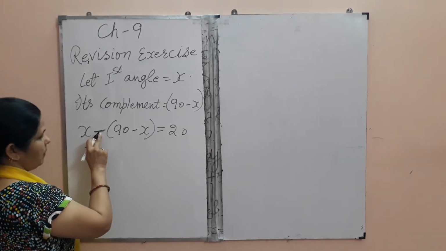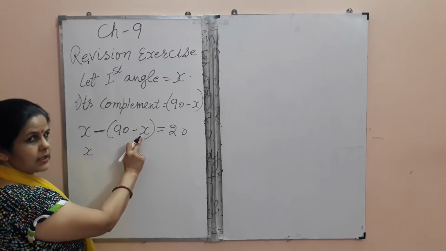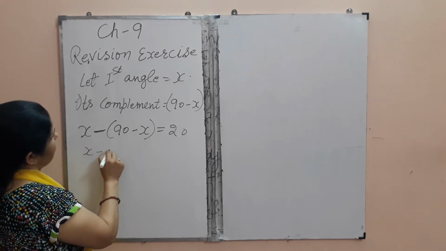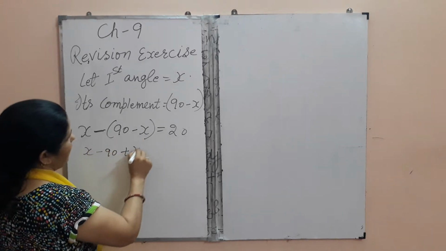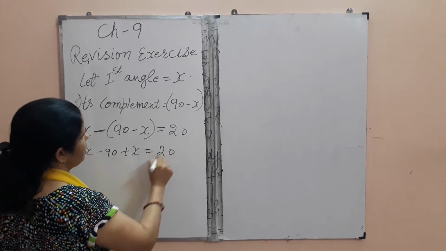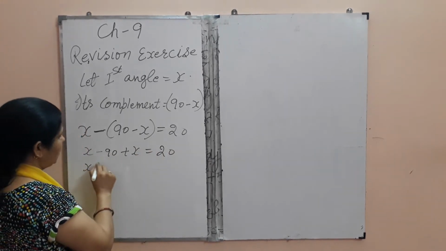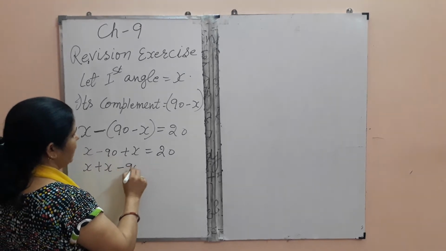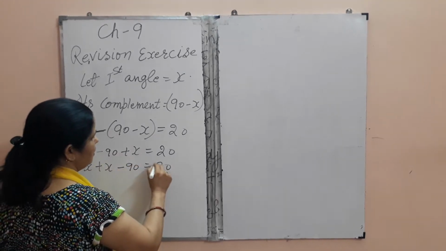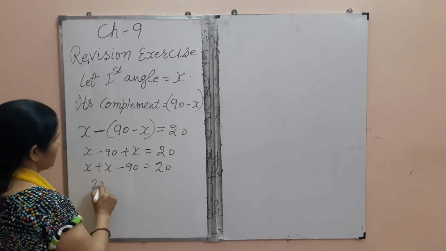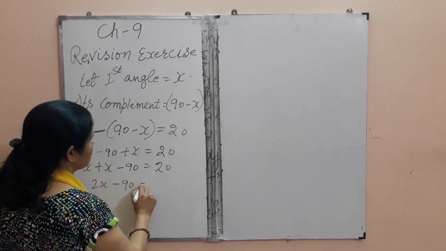If outside minus is there, inside all the signs will change. So x minus 90 plus x equals to 20. X plus x minus 90 equals to 20. Now 2x minus 90 equals to 20.